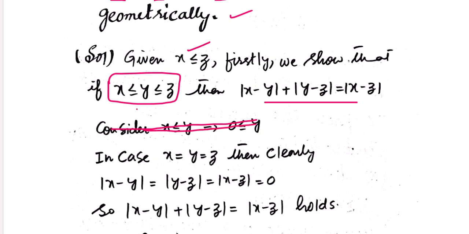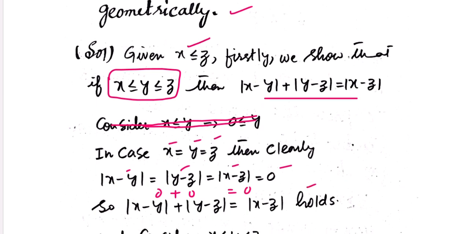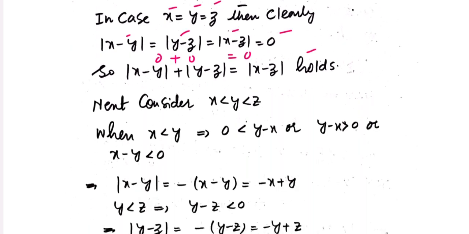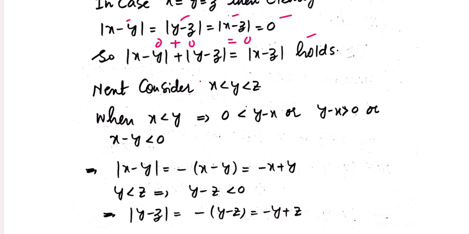First case: as it is given that x is less than or equal to y, and y is less than or equal to z, if all these three are equal, then clearly the absolute values of x minus y, y minus z, and x minus z are simply equal to 0. So 0 plus 0 equals 0. So the equation holds. Next, consider when x is less than y, and y is less than z.